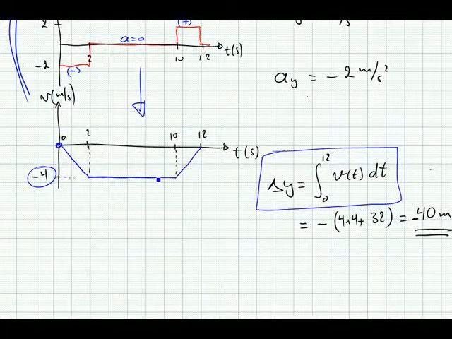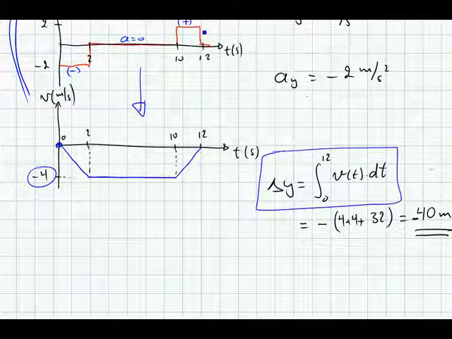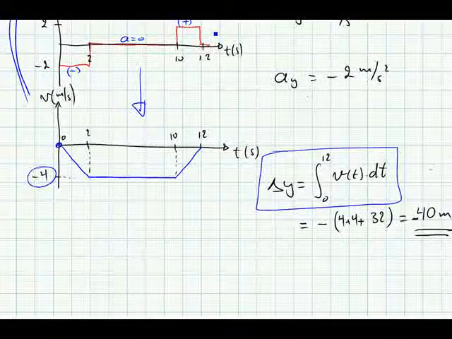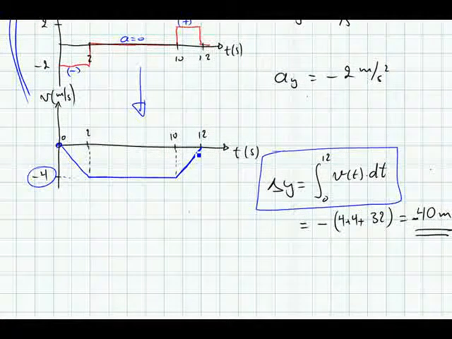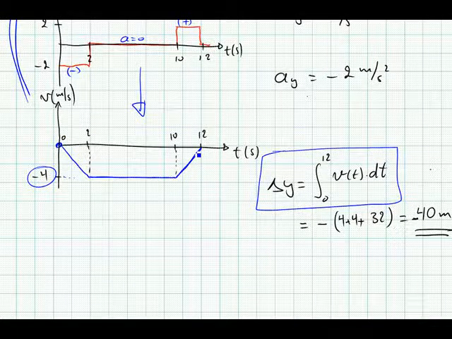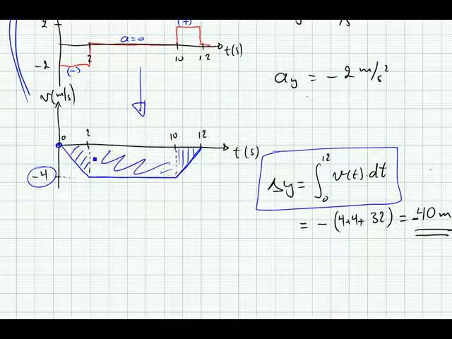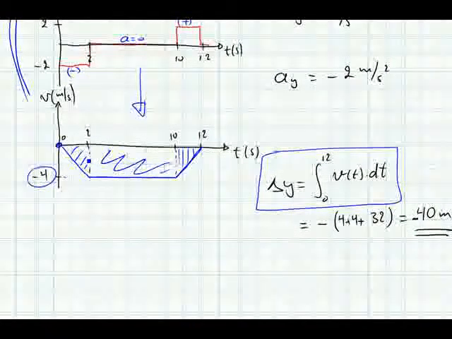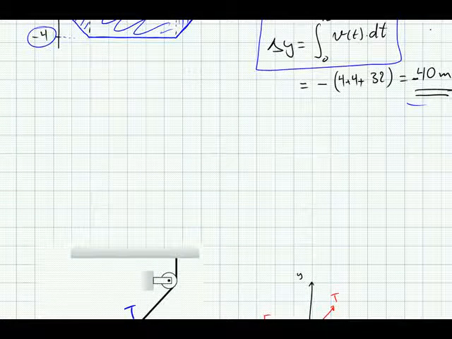We continue at that velocity for the next 8 seconds, and then there's an acceleration of positive 2 meters per second squared, bringing the elevator to a stop from 10 seconds to 12 seconds. So the area underneath this curve is the area of this triangle plus the area of this triangle plus the area of this rectangle. If you add everything up, you should end up with minus 40 meters as our displacement.